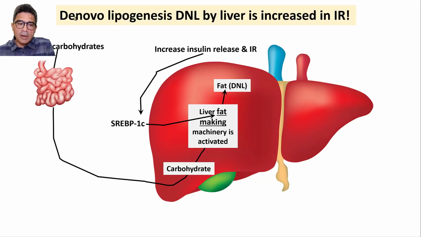This process is called de novo lipogenesis, and the ingested carbohydrates are picked up by the liver, and instead of being burned and stored as glycogen, which we will see in an insulin-sensitive state, the insulin resistance, through several biochemical steps, is increasing the fat manufacturing machinery in the liver. So it takes an ingested carbohydrate and converts it into fat through a process called de novo lipogenesis.